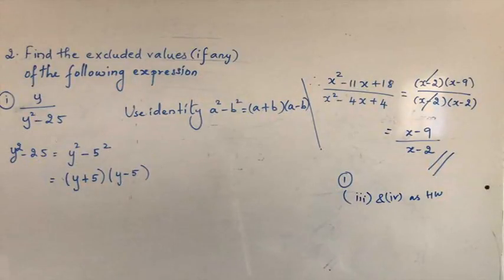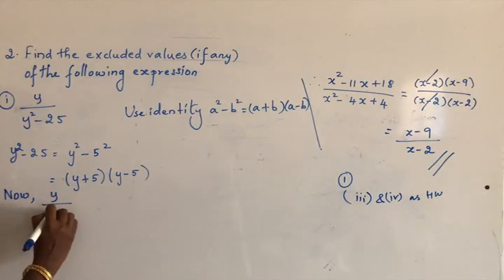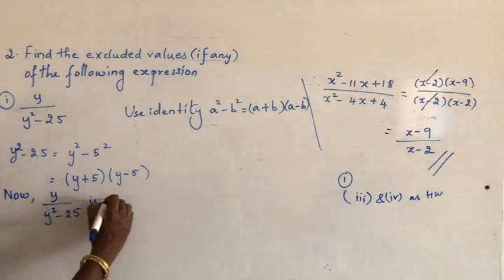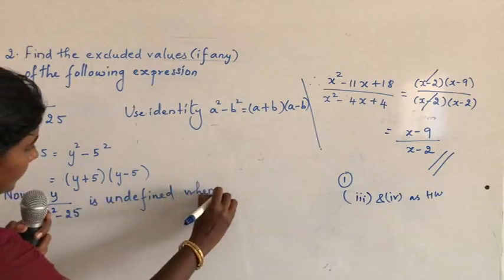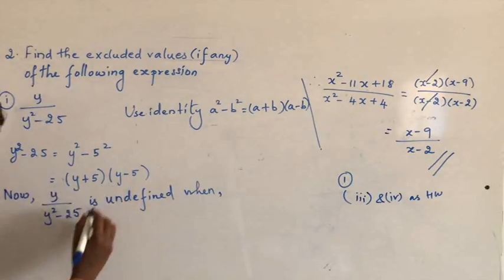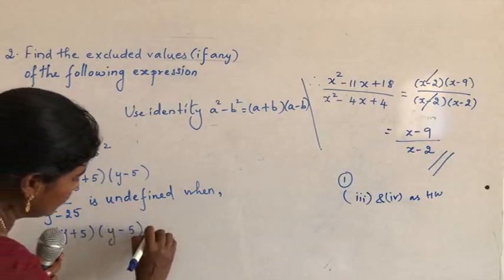Now let's see the next step. What is our question? Our question is to find the excluded value. That is, we have to find the value which gives 0 in the denominator. So y upon y square minus 25 is undefined when the denominator, y plus 5 into y minus 5, is equal to 0.